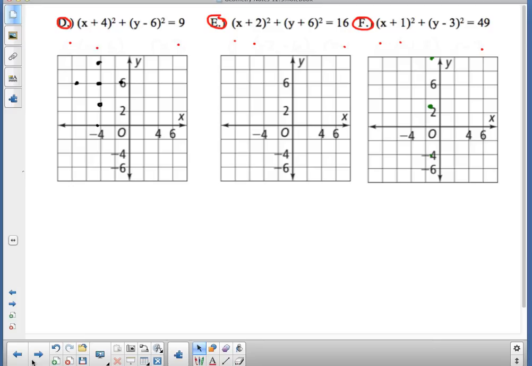Yes, sir. Since this is like a -1 and -3, it's 1, 3 is my center. 1, 3, but like for this one, would it be -4, 6?